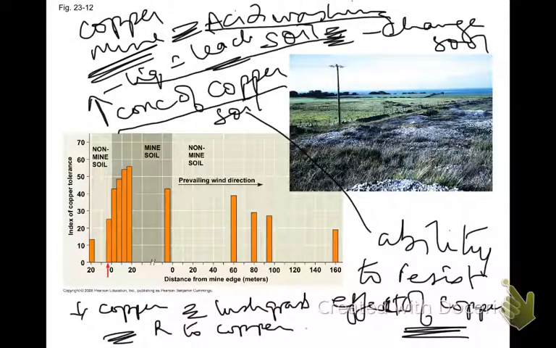And yet, when they tested the grass on both sides, close to the mine and away from the mine, they noted that there is a high index of copper tolerance in the mining soil, but further down, some population of grass still had copper tolerance, even though they were not subject to that.